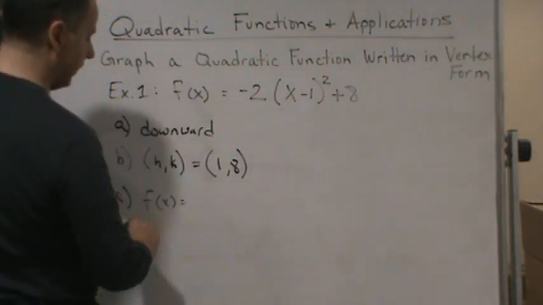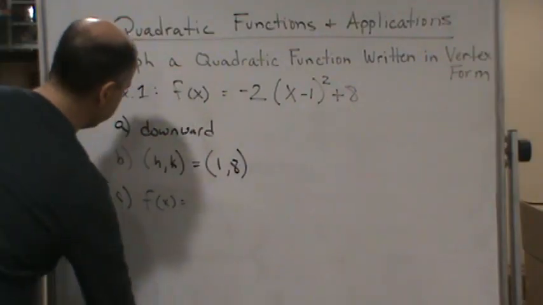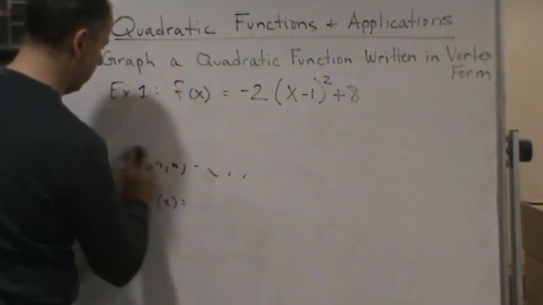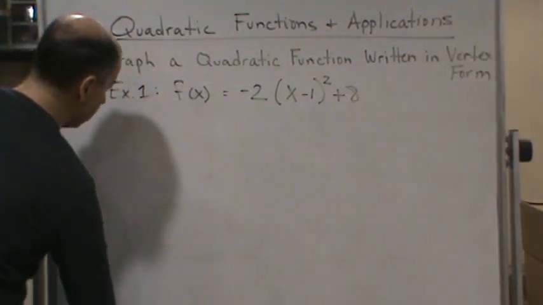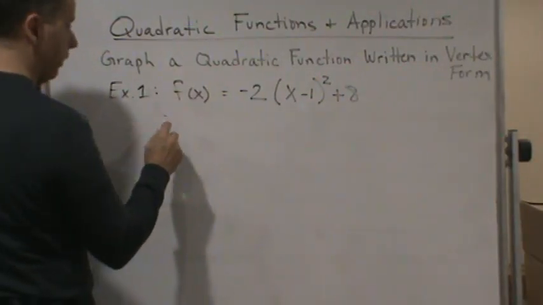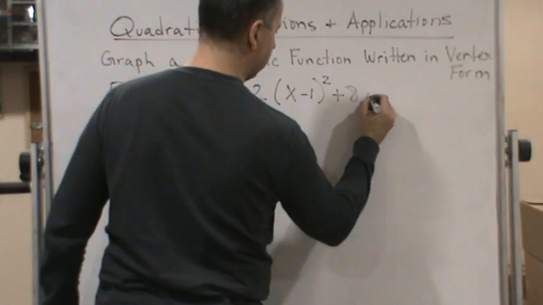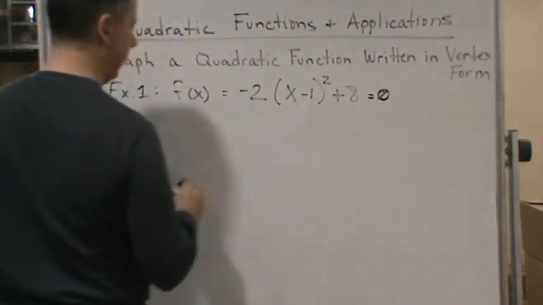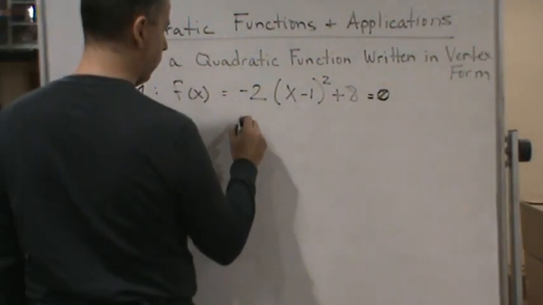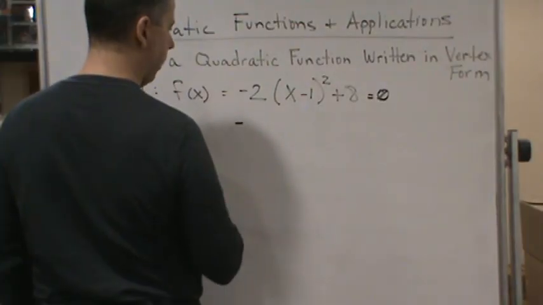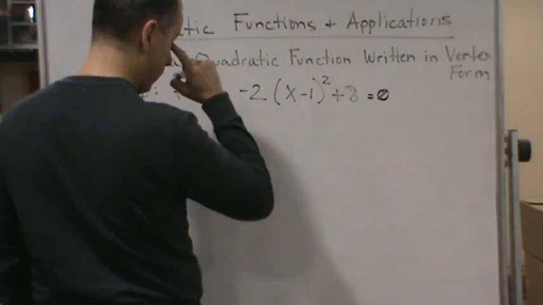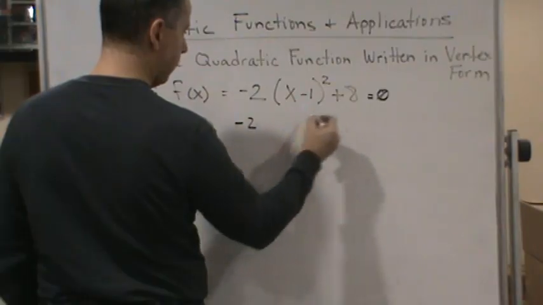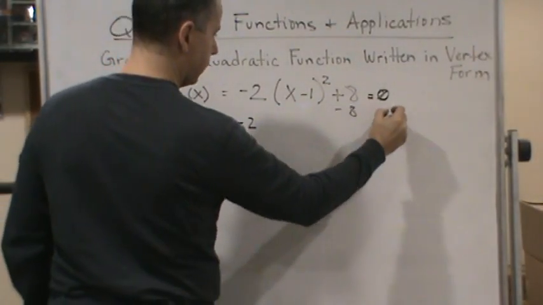So in this case here, let's do that. We're going to set this equal to 0, right? Okay, and so now we solve for x. We're going to move the 8 over to the other side.